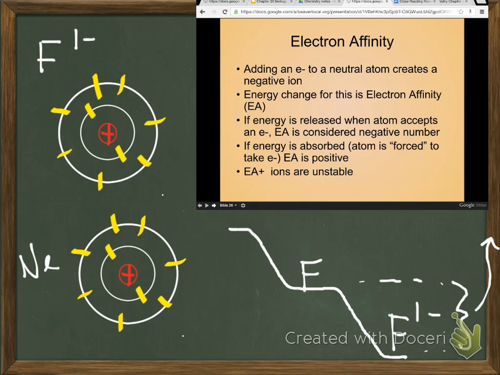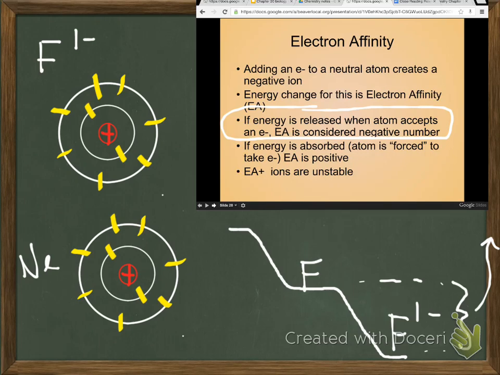Everything in the universe wants to be at the lowest possible energy level. So fluorine will happily roll right down that hill. Let's think about this metaphor in terms of gravity. If you've got any atom that is more stable, that is lower energy when it takes an electron, then the electron affinity is negative.